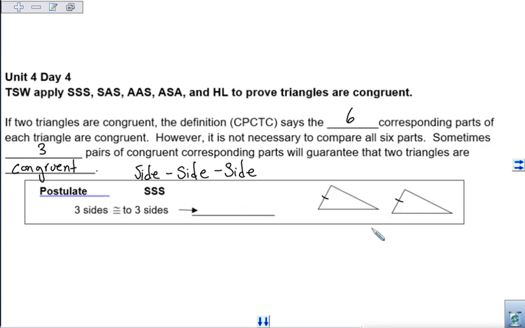You'd have one set of sides marked as congruent, another set of sides marked as congruent, and your last set of sides marked as congruent. So remember that when you have a side being congruent to another side, it's going to have a tick mark. Tick marks show that your sides are congruent.